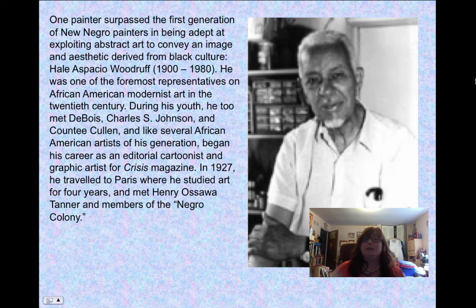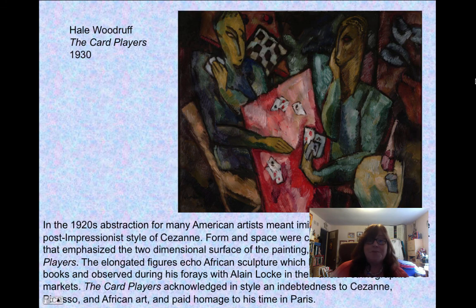And then in 1927, he traveled to Paris and he met Henry Ossawa Tanner and other members of the Negro colony that were living there at the time. And he was very influenced by the Cubism that was going on at the time, as you can see in this painting here called The Card Players from 1930. And for a lot of American artists, they were pretty much imitating Cubism and also Cézanne.